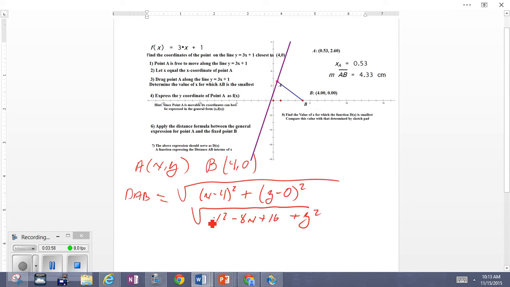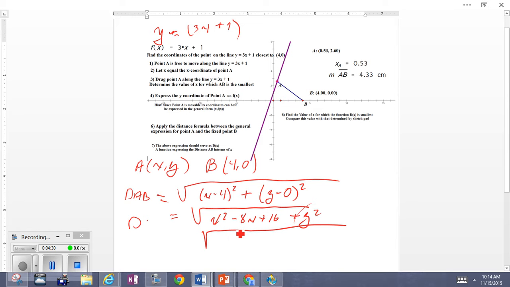That is good as a formula, but we want the distance as a function, which means we can't keep two variables in this expression. We don't need to, because f of x equals 3x plus 1 is the same as y equaling 3x plus 1. There's our substitution.